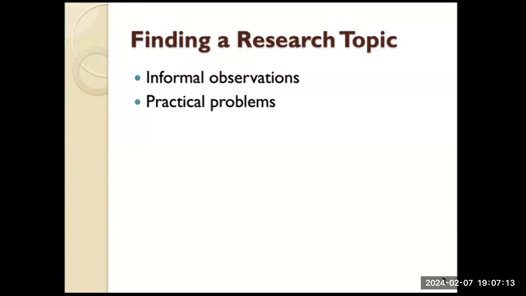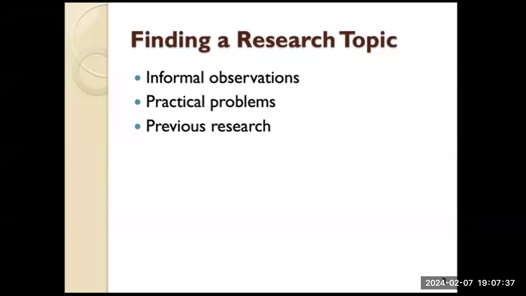So this is an example of how you can have one topic and take it from a basic research approach to an applied research approach. So informal observations, usually that would be something where you want to do basic research on it, but practical problems, that's where you would have applied research. And as I mentioned before, you look at previous research, what has already been done.